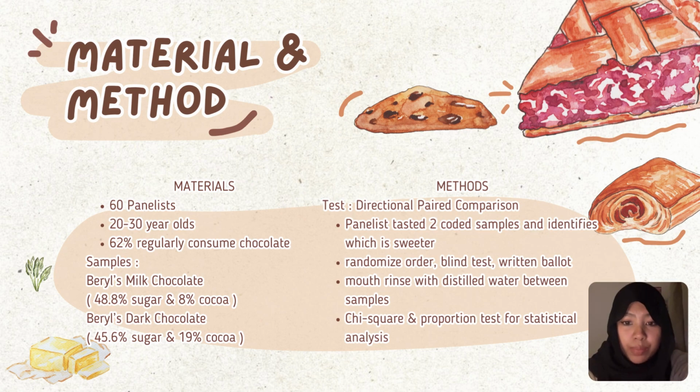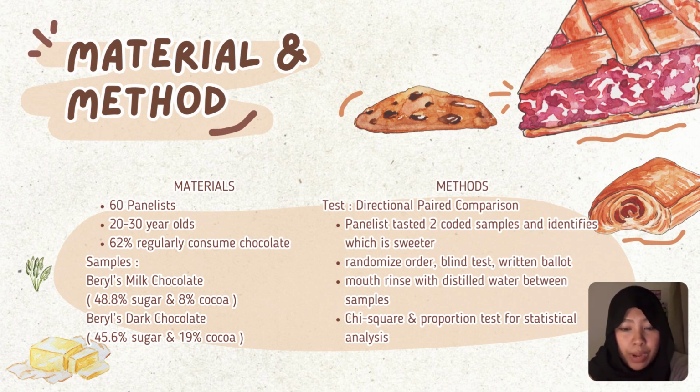The Barrels milk chocolate has 48.4% sugar and 8% cocoa content. Meanwhile, the dark chocolate has 45.6% sugar and 19% cocoa content. This variation gives us a clear contrast in sweetness perception.